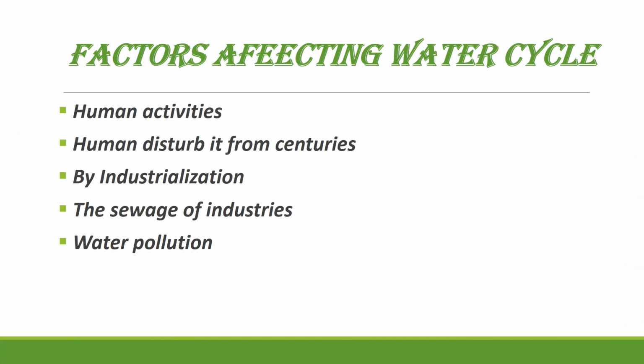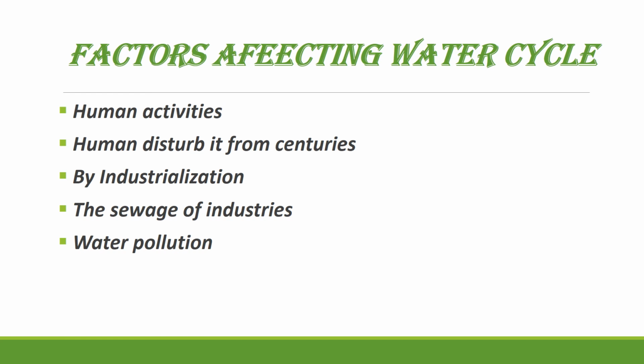Factors affecting the water cycle: human activities. Humans have disturbed it for centuries, and the disturbance has accelerated with the beginning of industrialization.